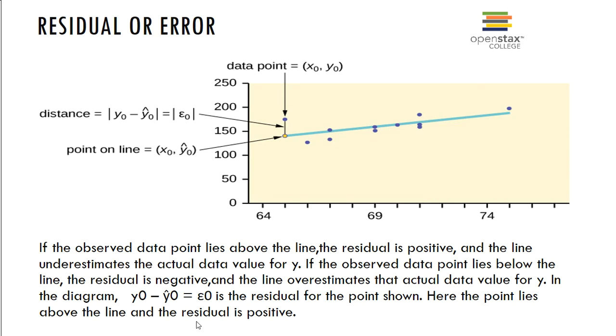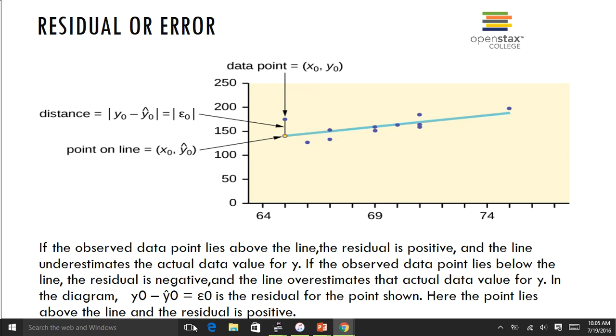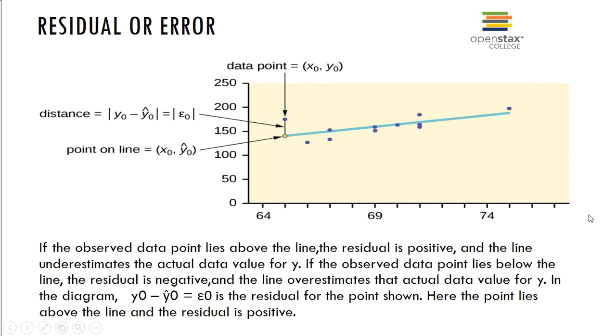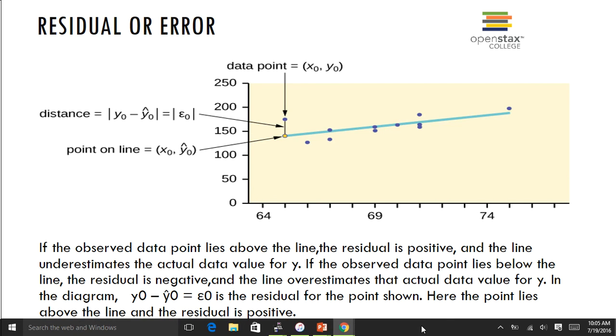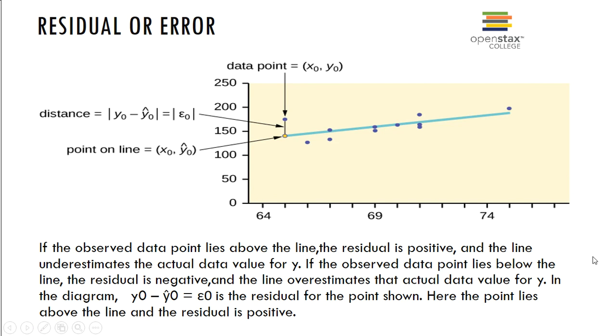So if the observed point lies above the line, the residual will be positive, and the line underestimates the actual value for y. If the observed data point lies below, the residual is negative, and the line overestimates the actual data value for y. Okay, so what does that mean?